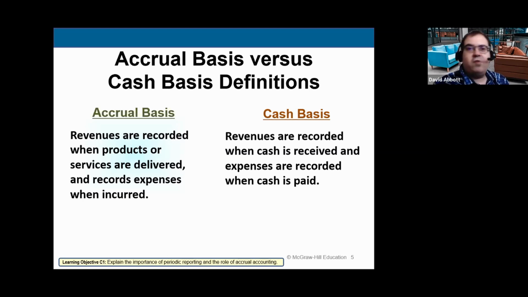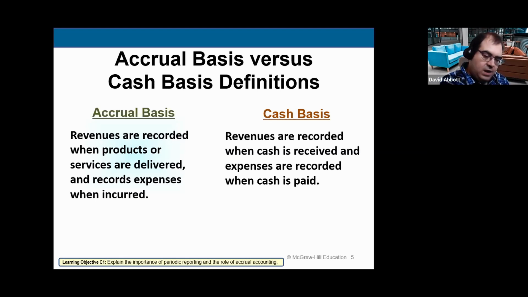When we deliver products, we receive cash. That day, I put the cash in the bank, and then I record that, and then I pay Avon for the product, and then pay any other expenses that we have. So the revenue is recorded when the cash is received, okay?